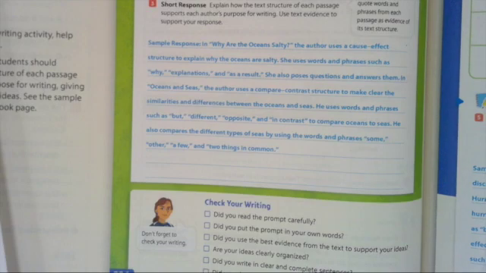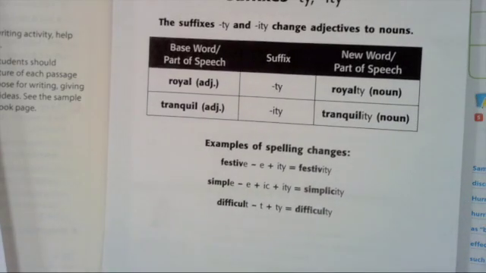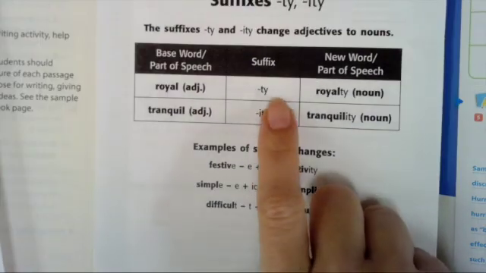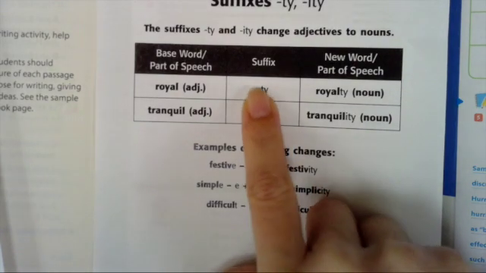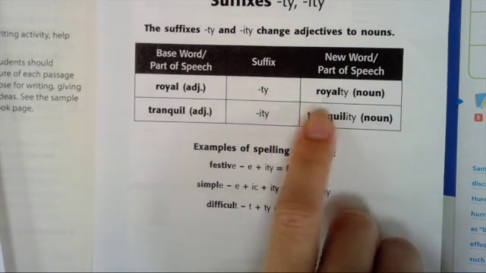Please email me if you have any questions on those workbook pages. You also need to glue down your next word study, which is Word Study Unit 10. Our suffixes are ty and ity. These suffixes change adjectives into nouns.